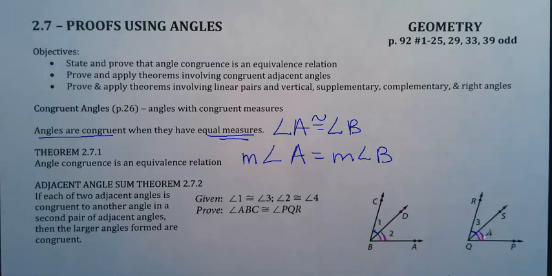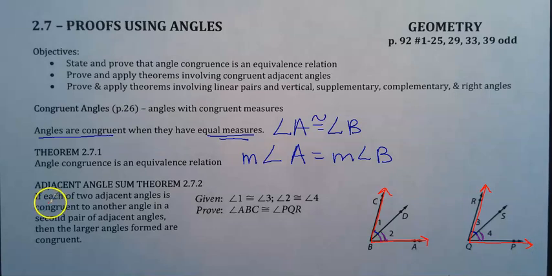We want to prove that angle ABC, the big angle, is congruent to angle PQR.